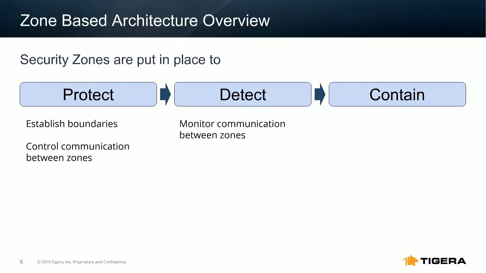Then you want to detect any indicators of compromise, for example a connection attempted between zones that shouldn't be, or a connection that looks a bit anomalous. This is where things like intrusion detection and intrusion protection systems come in.